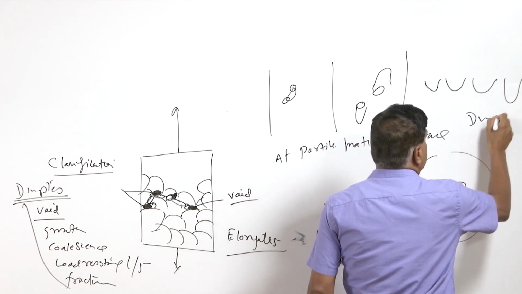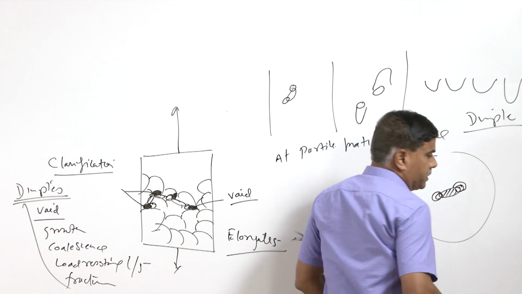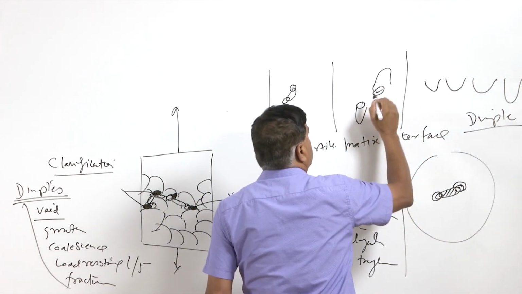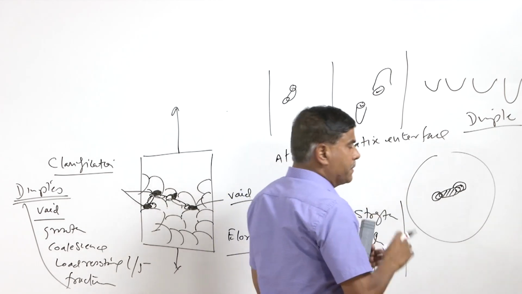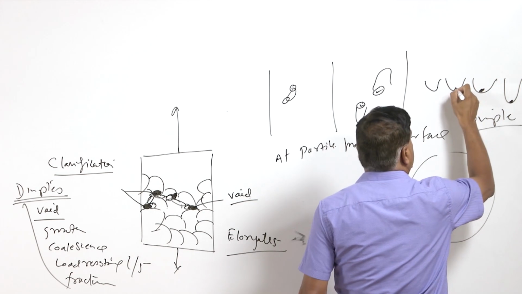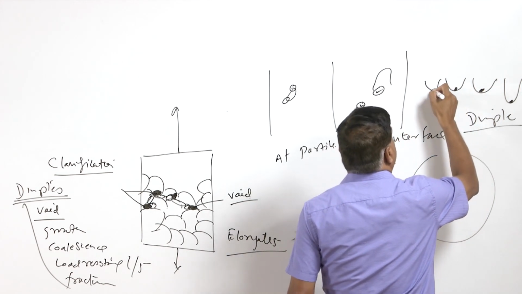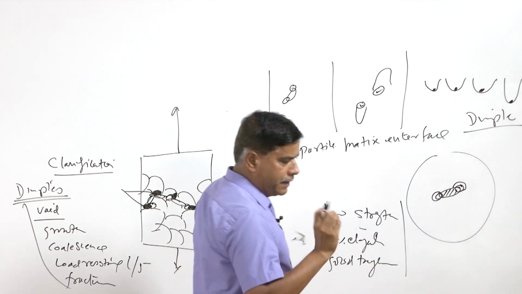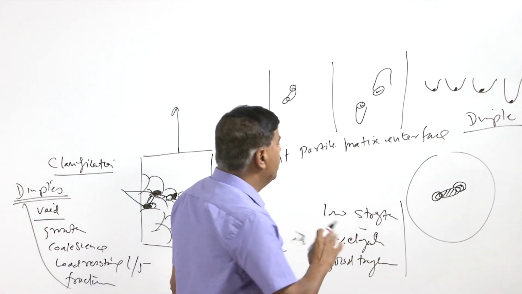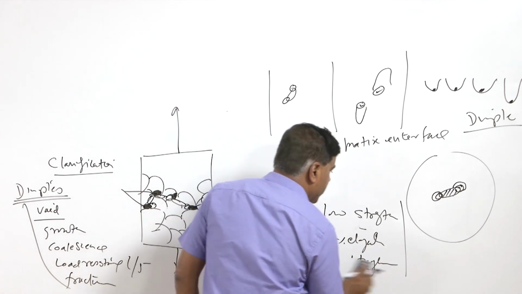Dimples are the conical shaped features present on the fracture surface, and of course these hard particles will be present at the root of these dimples. So, analysis can be performed on the particles present at the root of these dimples to see what they are made of.